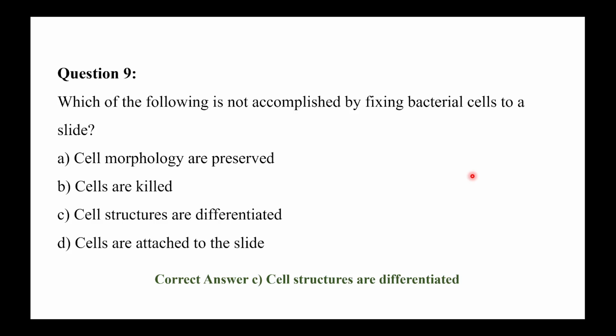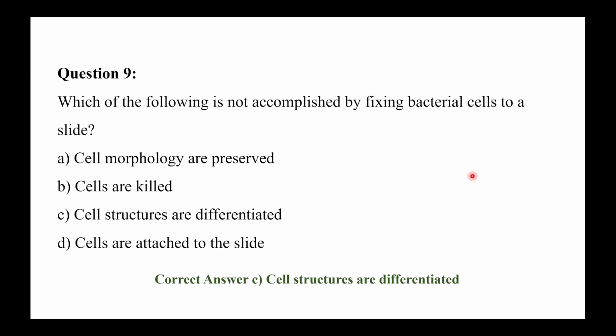are observing them. It is also done to kill the cells, so that we can see the shape of the cell properly, and obviously the cell morphology, the shape of the cell, is preserved when we are doing this heat fixing, because we want to see that particular morphology, so it needs to be preserved.